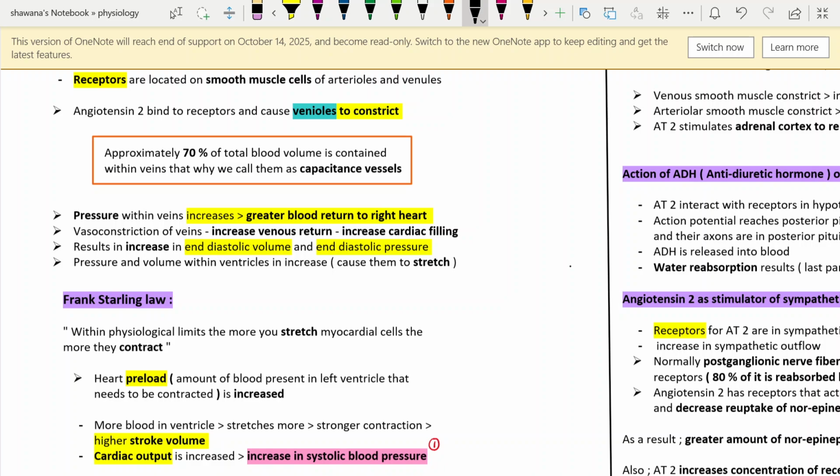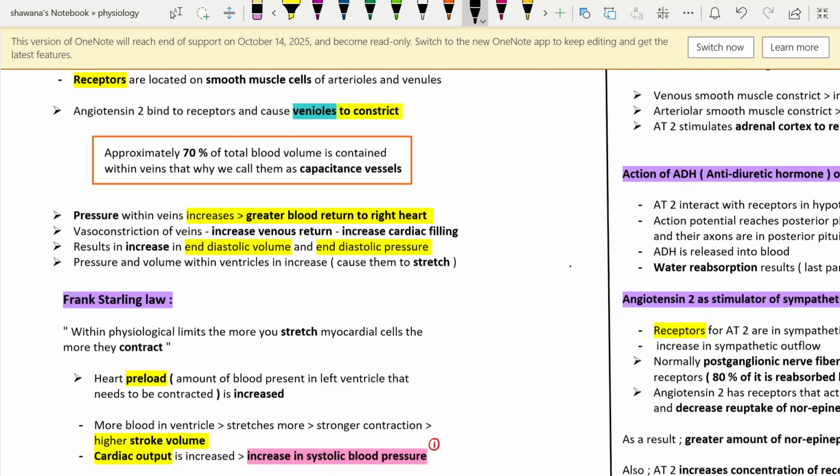We need to normalize both diastolic and systolic pressure equally. So how are we going to do that? That's why we are learning the effect of angiotensin 2 on the circulatory system. So let's continue. Pressure within the veins rises, it will cause greater blood return to the right heart.